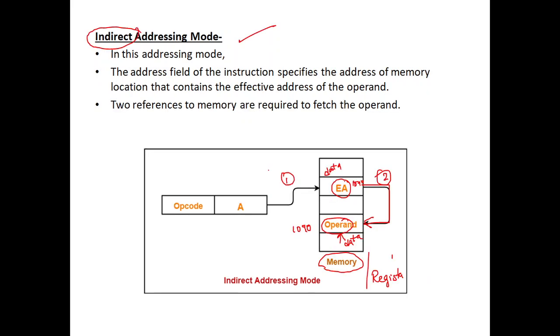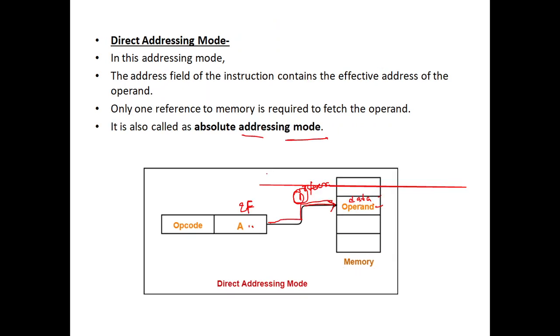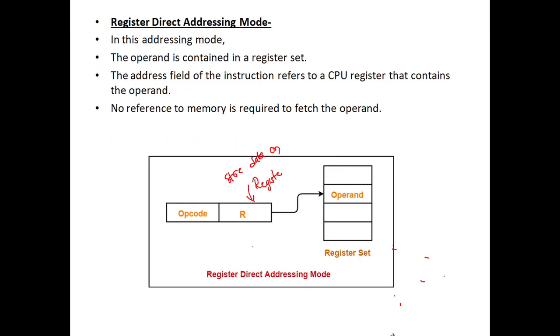When you have seen this one, in register direct addressing mode, here we have specified A, and A is nothing but the memory word. A, B, C, D are the memory words. Registers R0, R1, R2 till Rn are the registers. So that is the difference. Here we have specified A, and here we have specified R. R is nothing but the register.